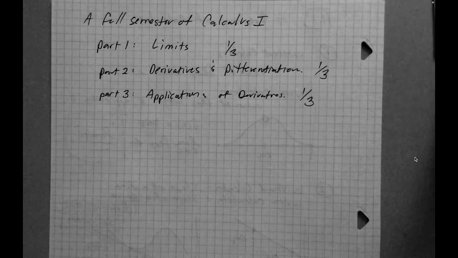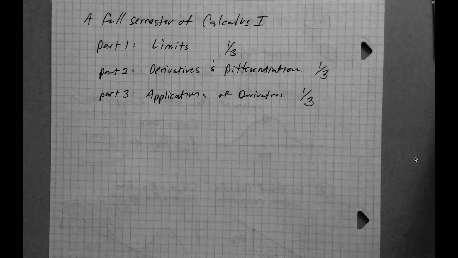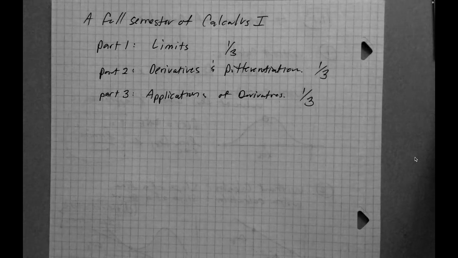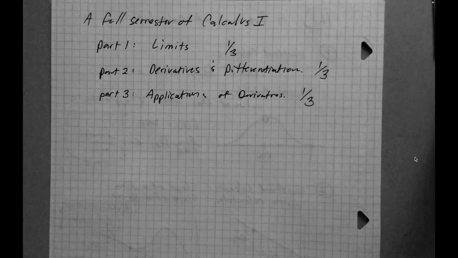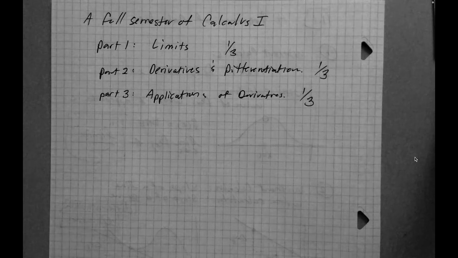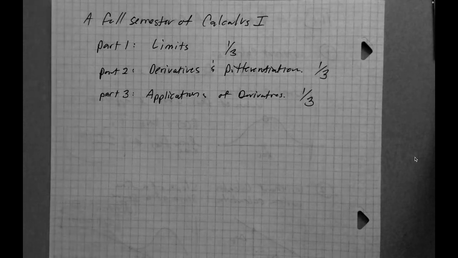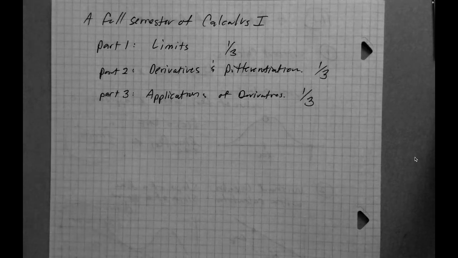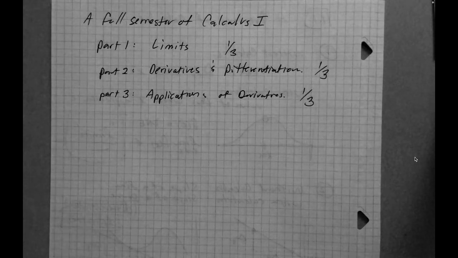So that's the basic layout of the course. I'm expecting roughly 20 lectures or so, and I would say the average length of the lectures would be 90 minutes. So somewhere around 30 hours' worth of lectures should get us through the material of Calculus 1.